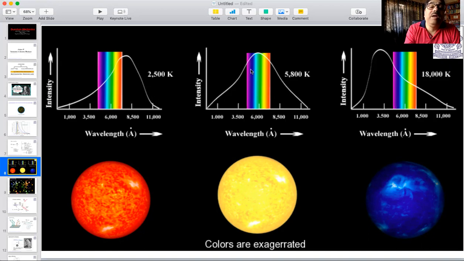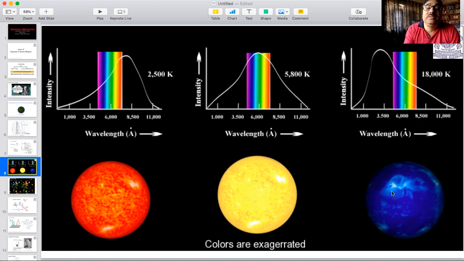So the black body curve explains why the sun has the color that it has, because at 5,800 Kelvin, the radiations that are maximally emitted by the sun have a wavelength of around 6,000 to 7,000 angstroms. And then the blue stars are really very hot stars.